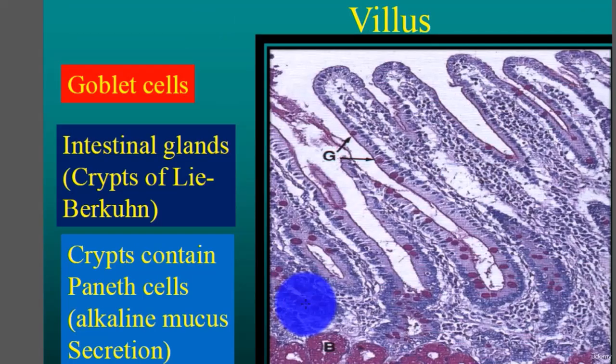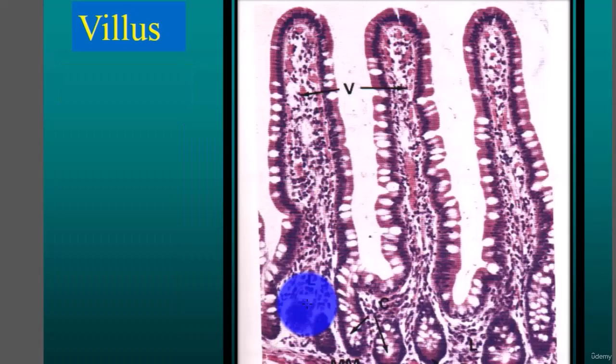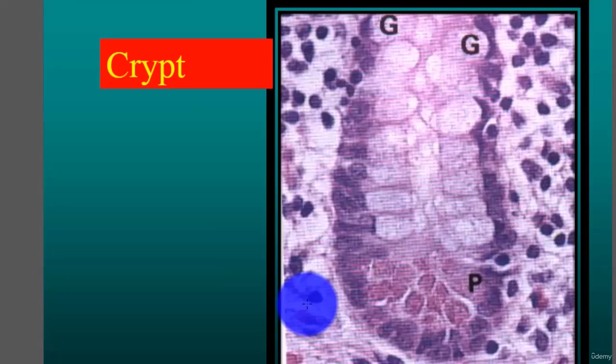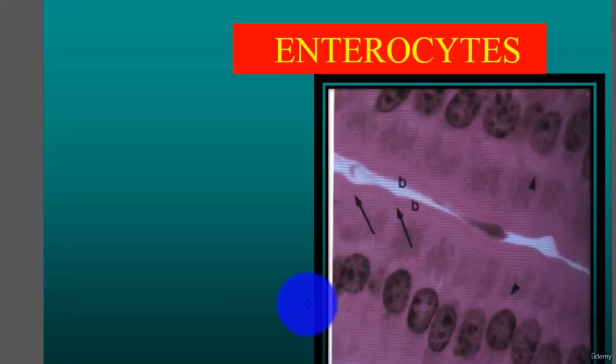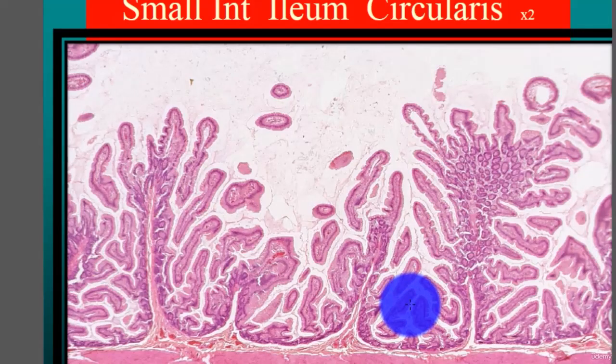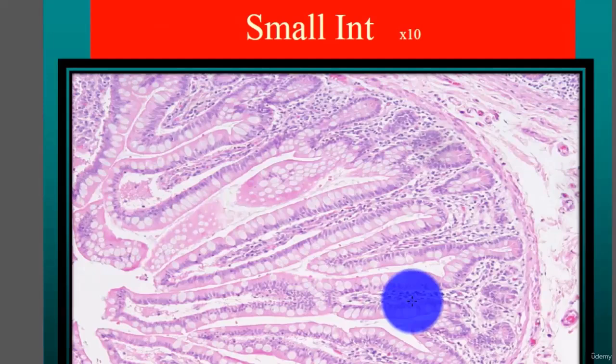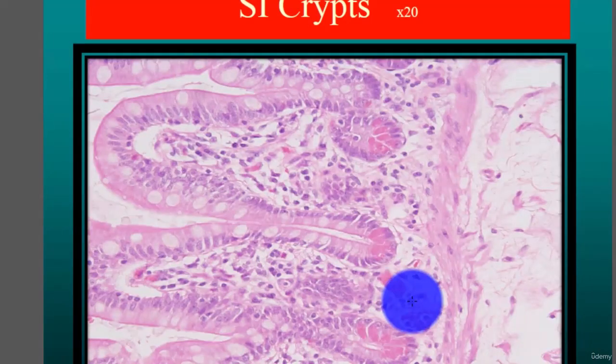Villus, crypts, villus, enterocytes. Small intestine, plicae circulares. Small intestine, crypts. Here, crypts.